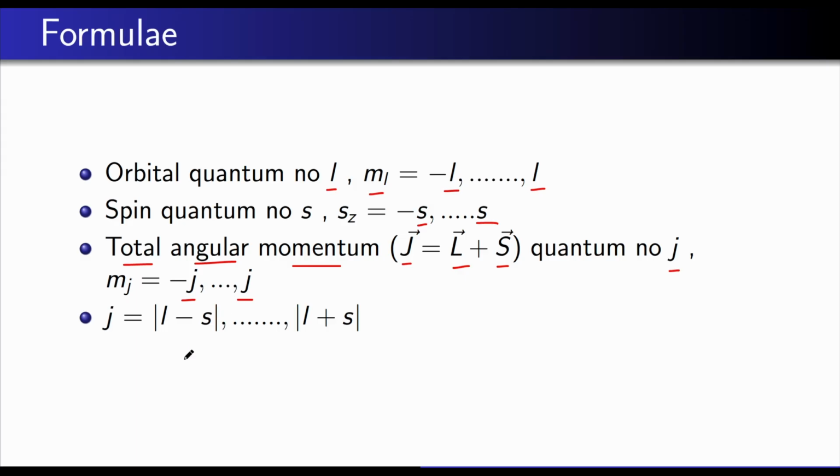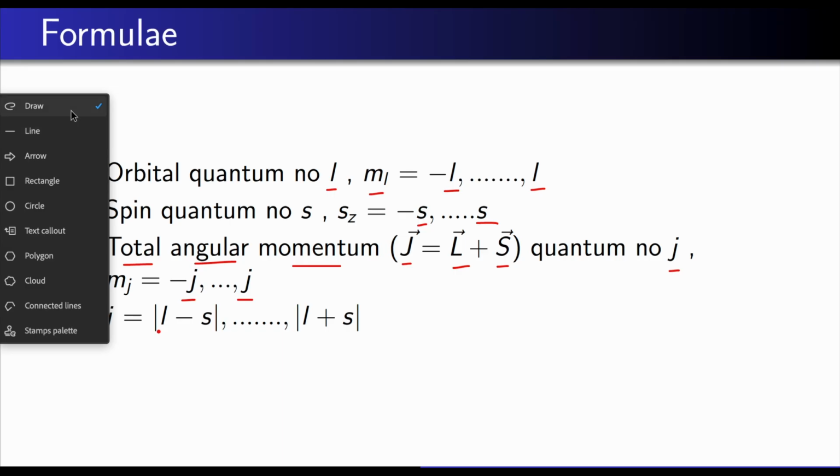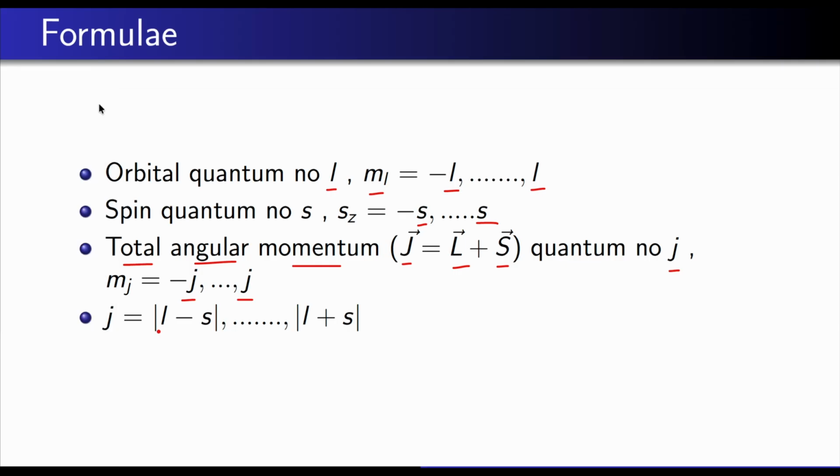So if the orbital quantum number is L and the spin quantum number is S, then J can take the values from modulus of L minus S to L plus S in steps of 1. So these are the possible values of J.